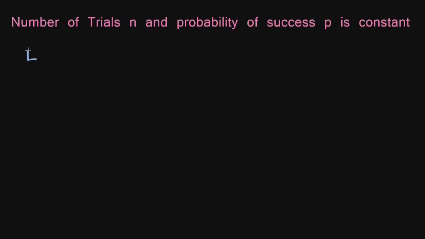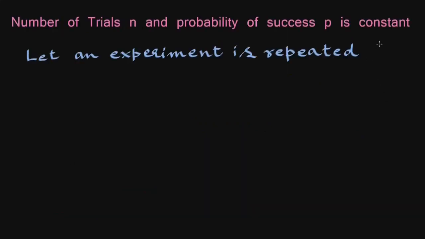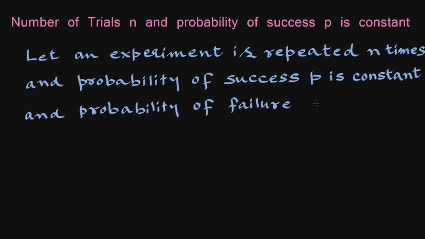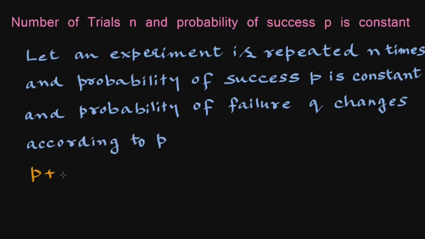Let an experiment be repeated n times, and the probability of success P is constant and the probability of failure Q changes according to P, and since P plus Q is 1, Q will be 1 minus P.